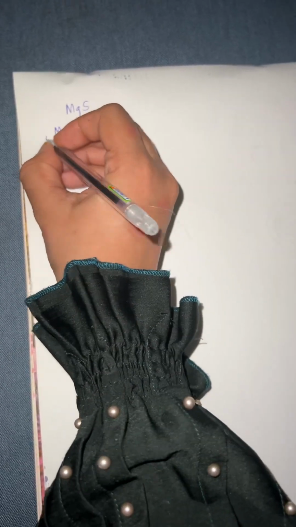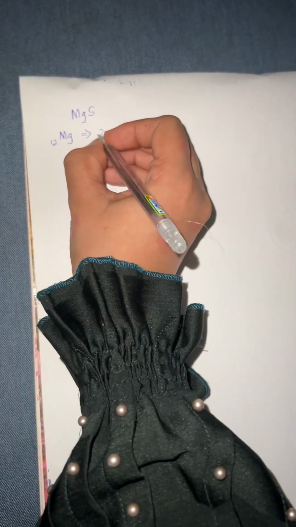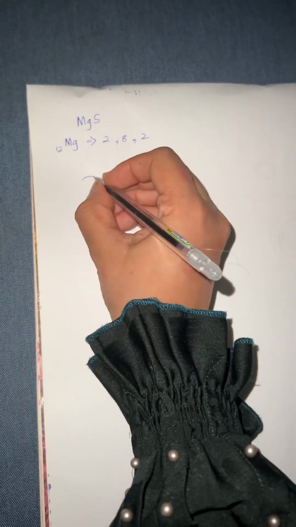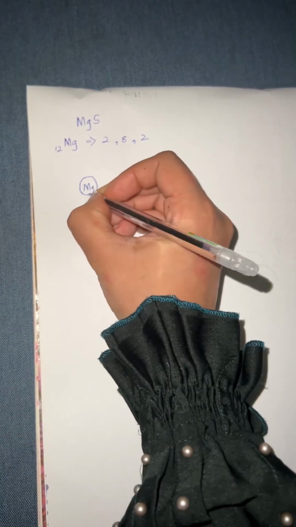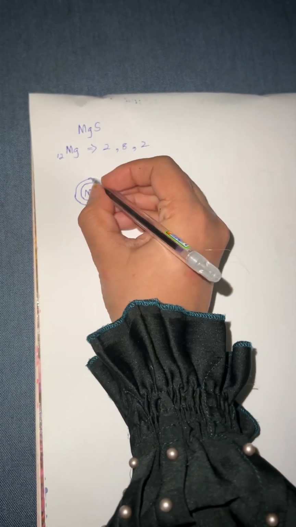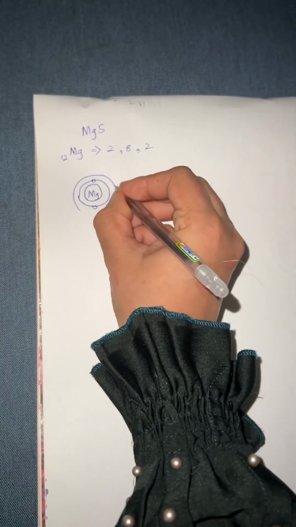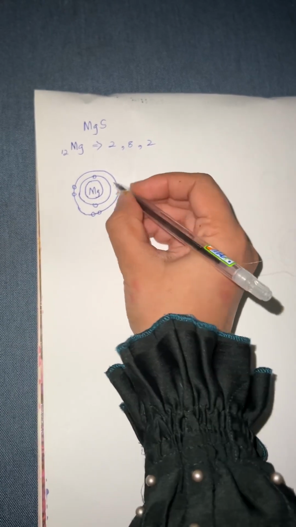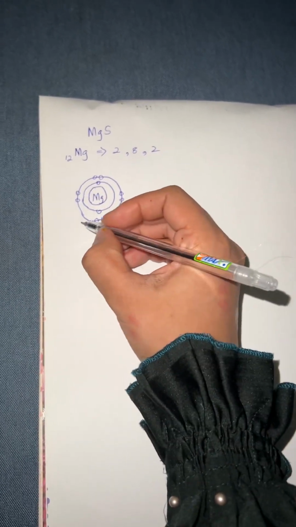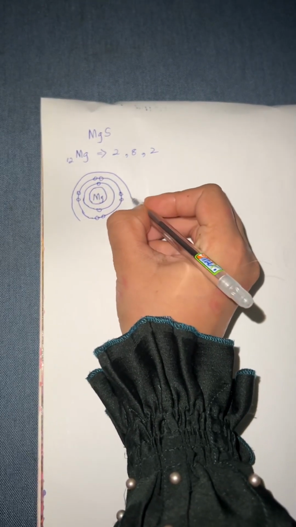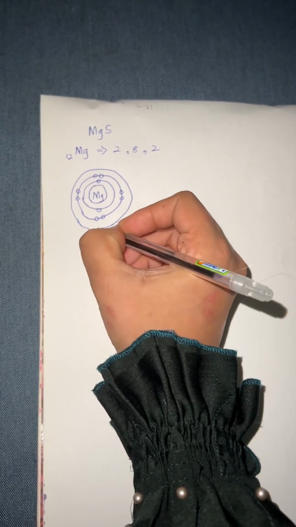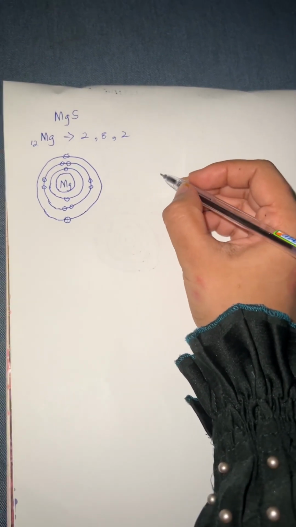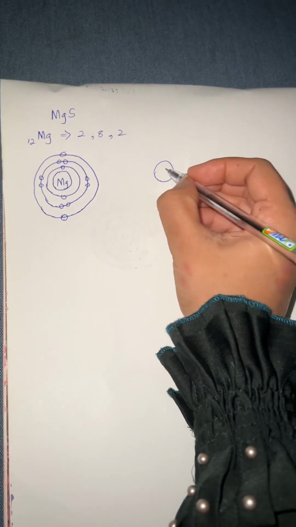So magnesium, the atomic number is 12. The first shell can hold up to 2 electrons, second 8, so the balance is 2. So if you write the structure of magnesium, it would be 2, 4, 6, and here we go 8. The outermost shell is also called the valency shell. There are only 2 electrons. Then sulfide, so we have sulfur.